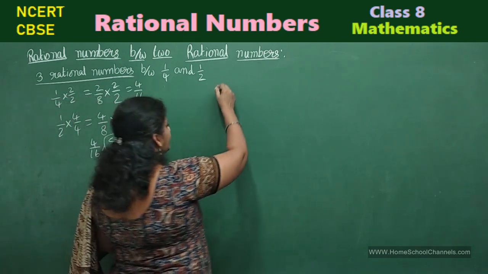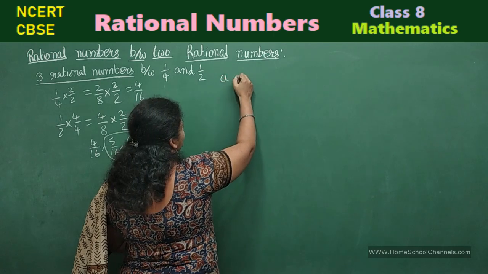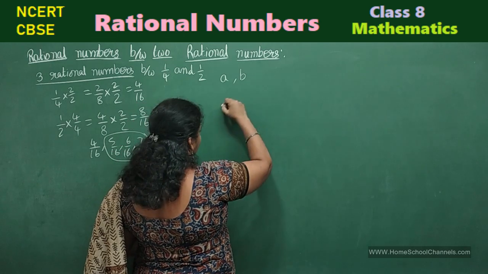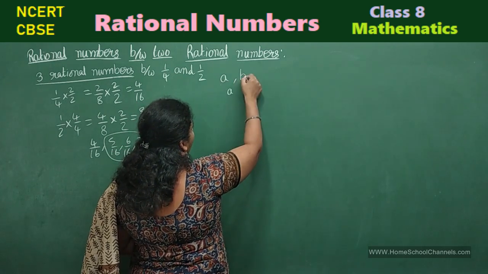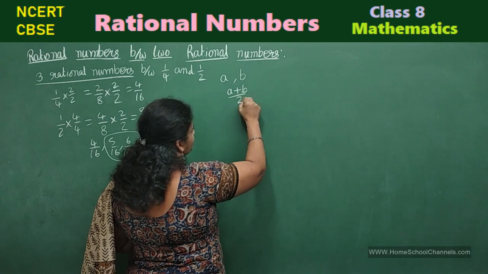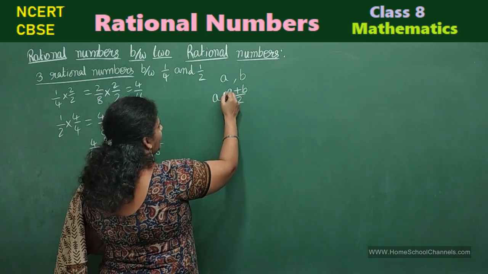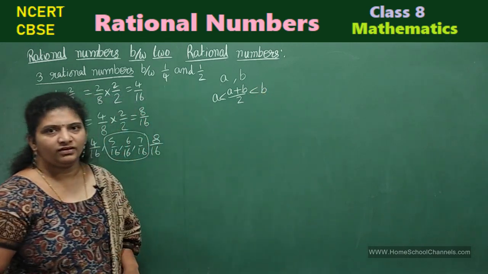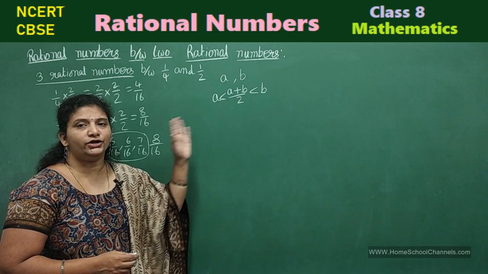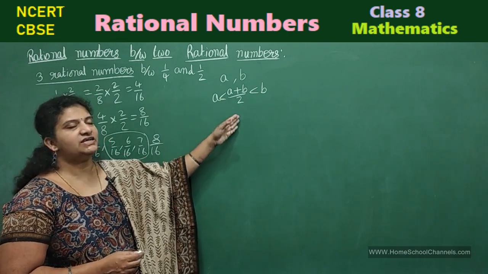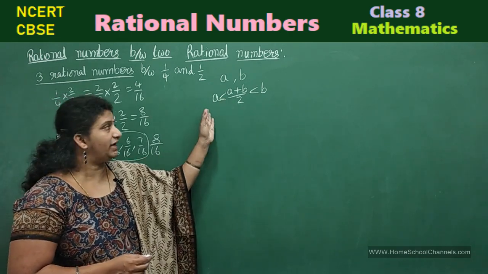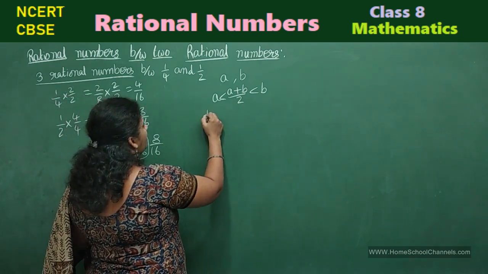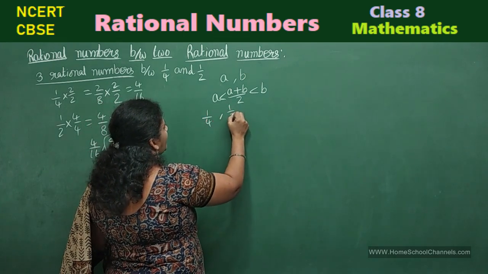Suppose A and B are 2 rational numbers, then the rational number between these two is (A plus B) by 2, such that A is less than (A plus B) by 2, which is less than B. Suppose I take the same A and B, 1 by 4 and 1 by 2.